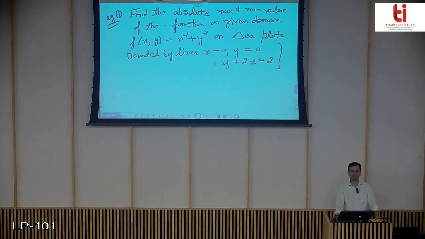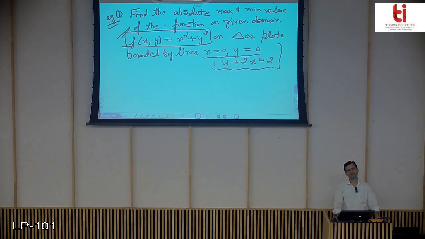So for this example, the function is given, but now you have to find the extreme values for a particular region in the xy plane.